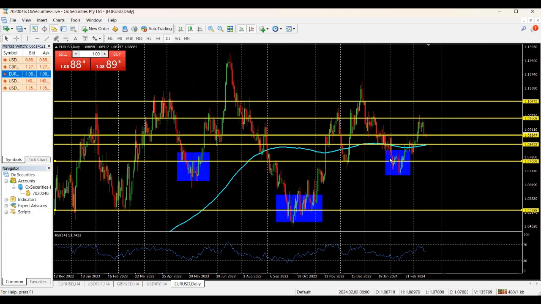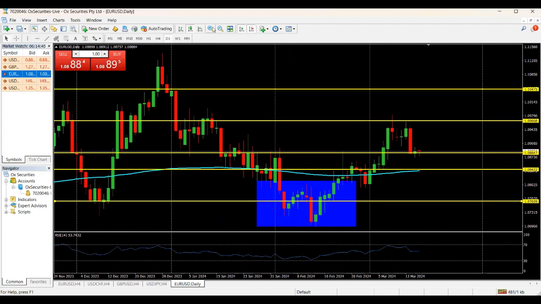And as soon as EU came to give us the right shoulder, and also at the 1.07609 monthly support level, we went all the way up. So you can use that as one of your confluences to look for buys when it comes to EU.